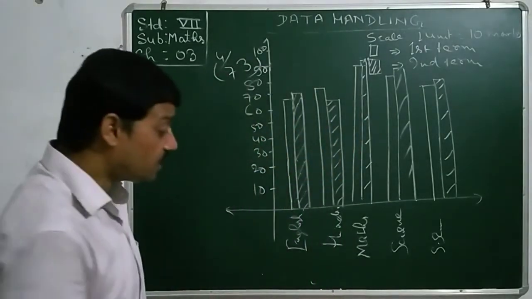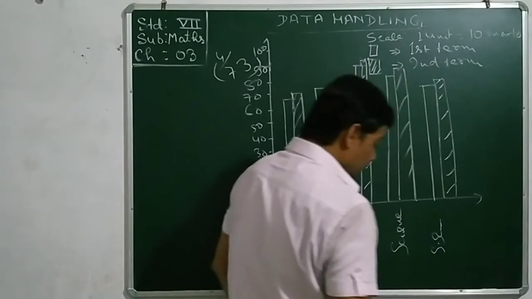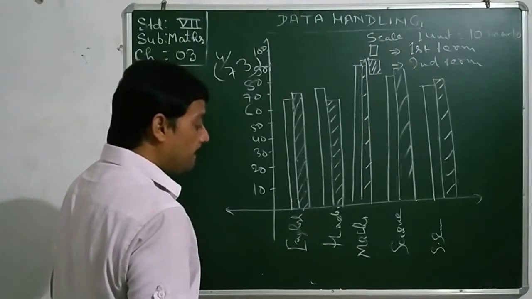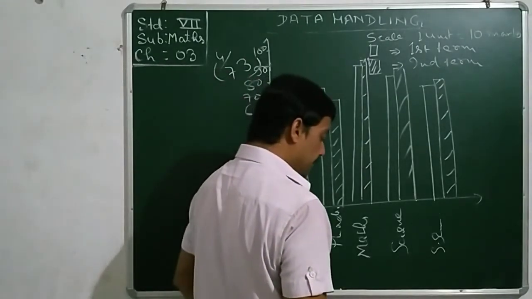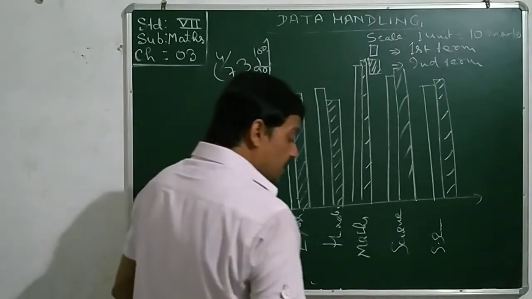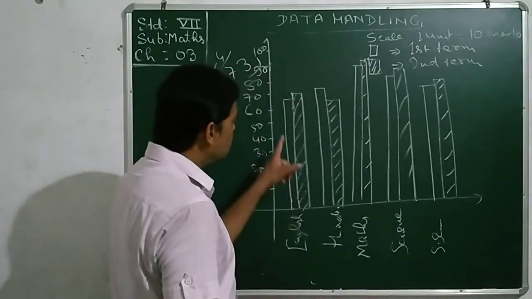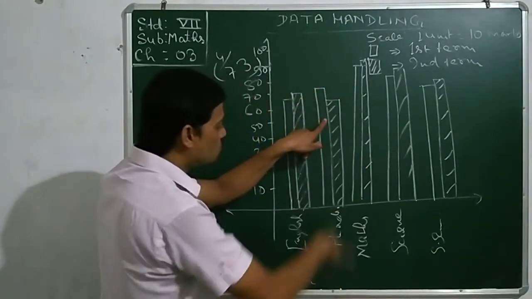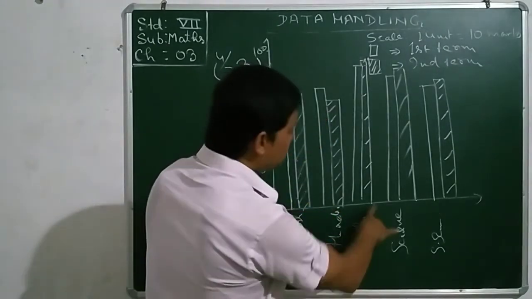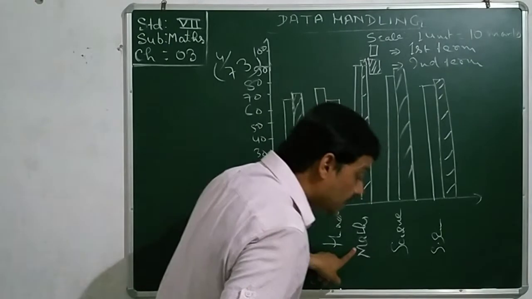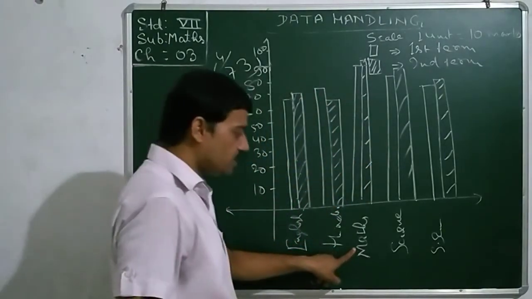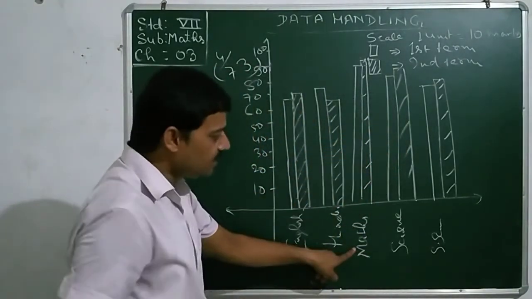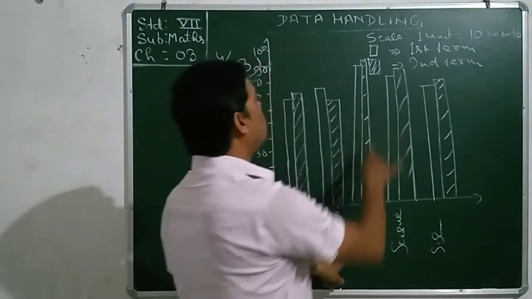But if you go for the conclusion, you will realize that in English they had gone up by only 3 points. In Hindi the students had gone down. In maths students had gone up by 7 points. Of course this one is higher. In science also it is only by 4 points, and in social science also by 2 points. So which one is highest?